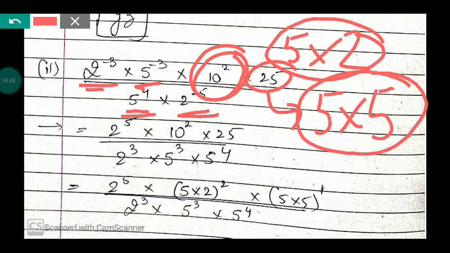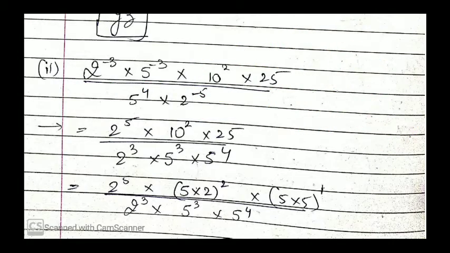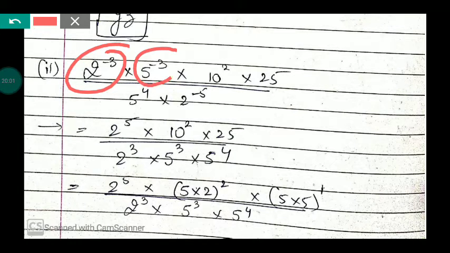So here in the second step we turn the powers into positive, those that are already given in negative. So this goes down and this goes up. Here you can see 2 raised to 5 into 10 square into 25, and the negative powers are coming down in the denominator to turn them into positive.